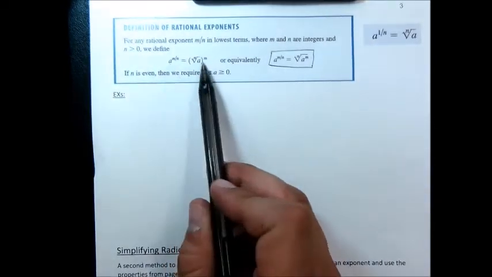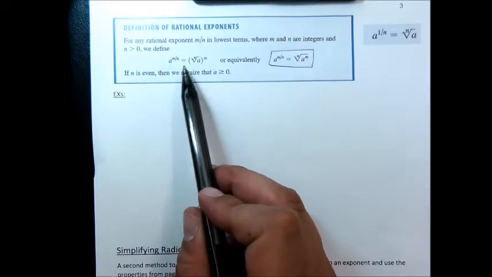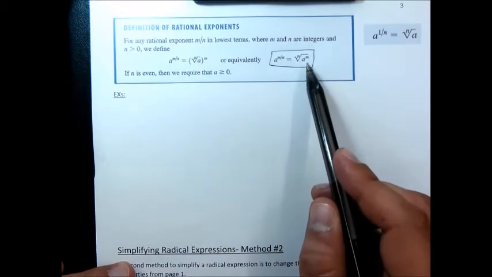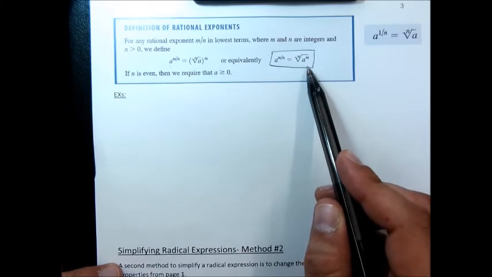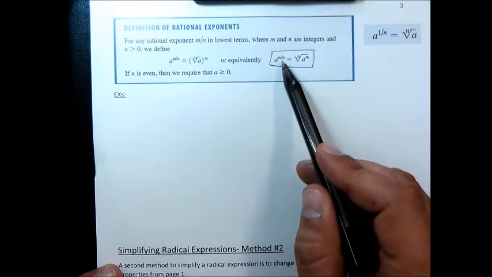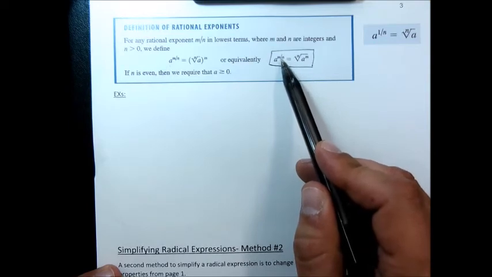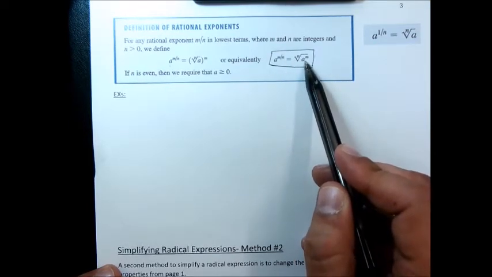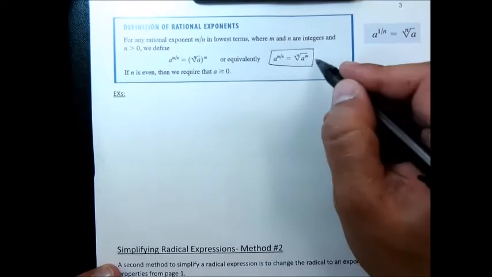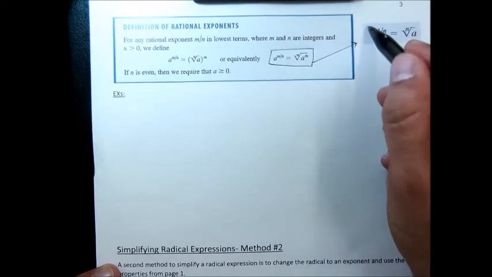This first part is just showing us a general property that we don't really necessarily need to use that often, but the second one is the really important one. Okay. And so it says if we have a value being raised to a fractional power, we can change that into a radical, or we can change it from a radical into a fractional power. And this is a specific example of that.